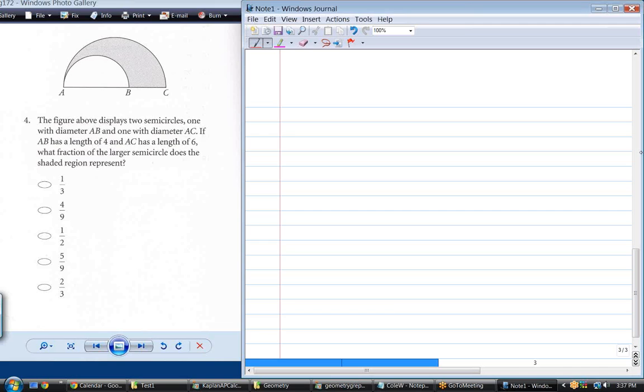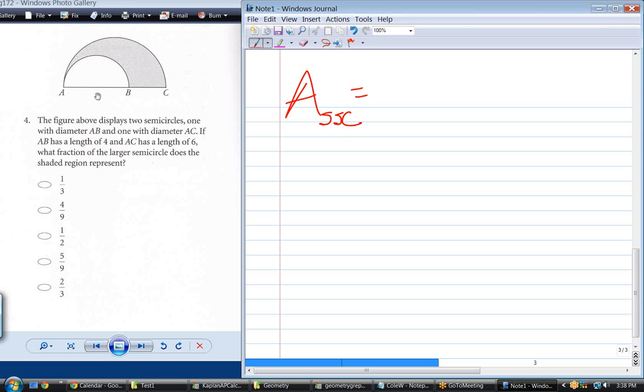Let's first of all figure out the area of both of these circles, or semicircles. What is the area of that semicircle? The small semicircle has a diameter of 4.